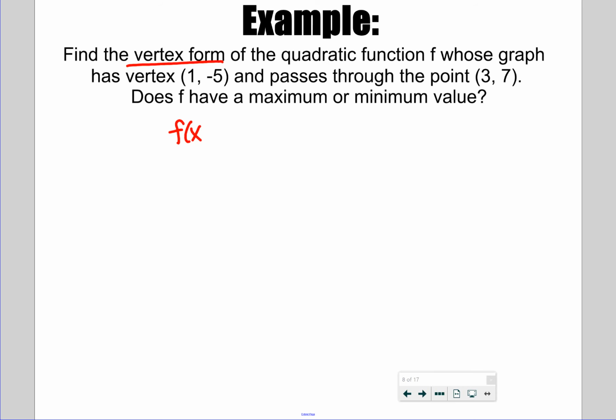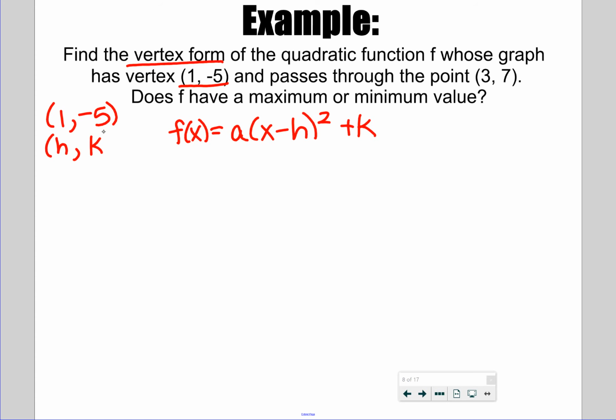F of x, or y, equals a x minus h squared plus k. The next thing I know is the vertex, which, remember, vertex here is 1, negative 5, is also h and k. So we can fill those values into our equation.